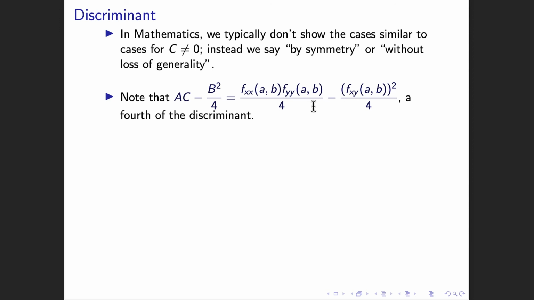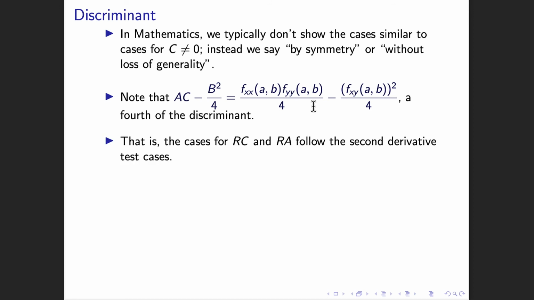If we replace the values, it's going to be f sub xx at the point times f sub yy at the point divided by 4, minus f sub xy at the point to the power 2 divided by 4. That's a fourth of the discriminant. So every time we were checking R times A or R times C, we were really checking a fourth of the discriminant.